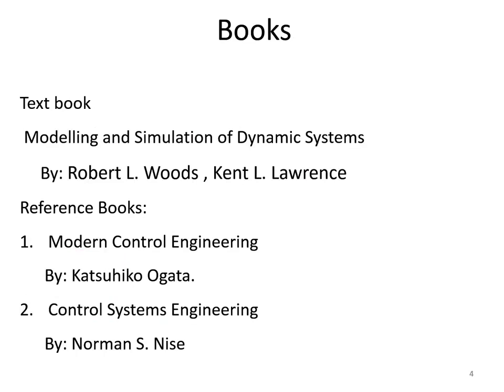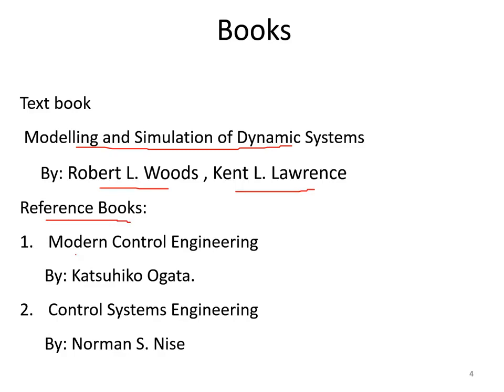We are going to follow the textbook Modeling and Simulation of Dynamical Systems by Robert L. Woods and Kent L. Lawrence. See if you can find the latest edition of this book. You're also encouraged to consult the reference books.